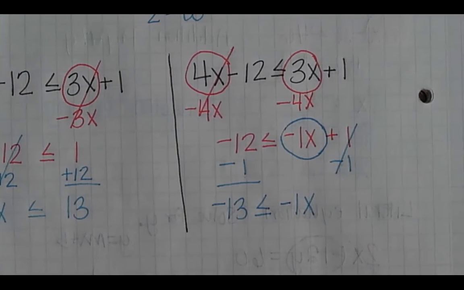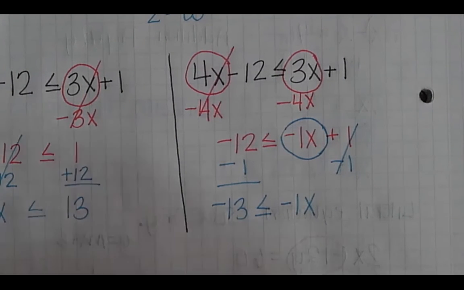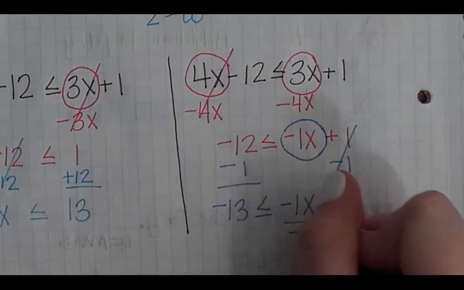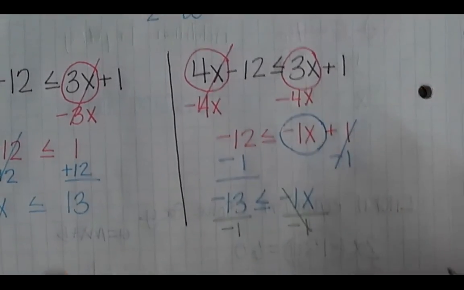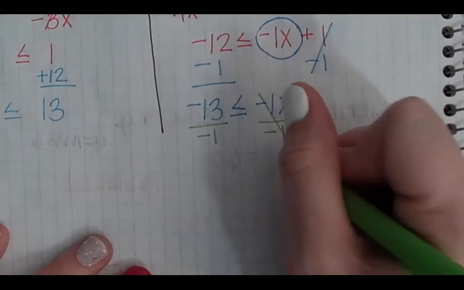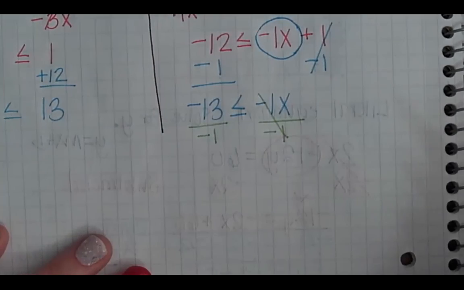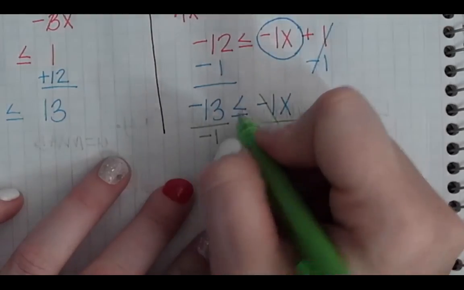There's an extra step here. So what would I need to do next? Divide by what? Negative 1. And divide by negative 1. What is our rule when solving inequalities? If you divide both sides by a negative, you have to flip it.